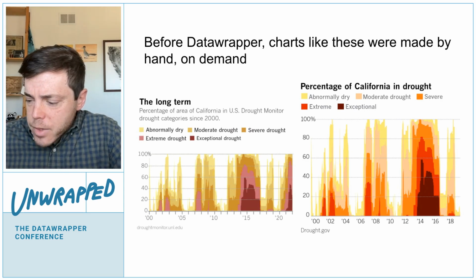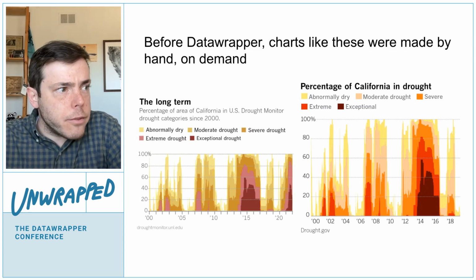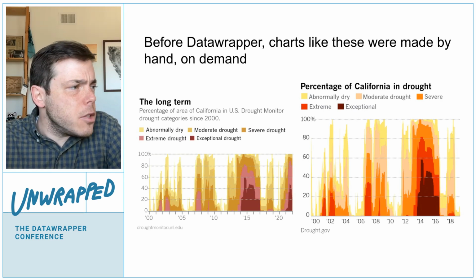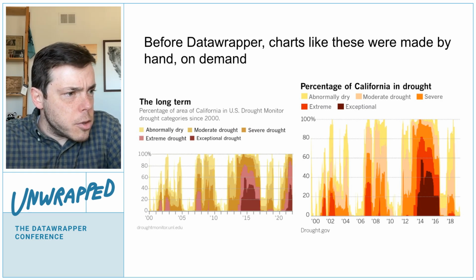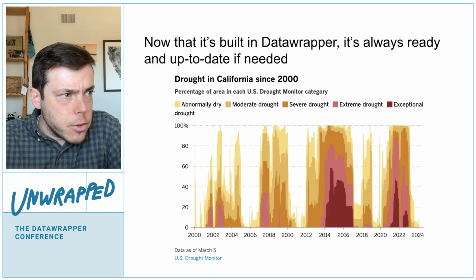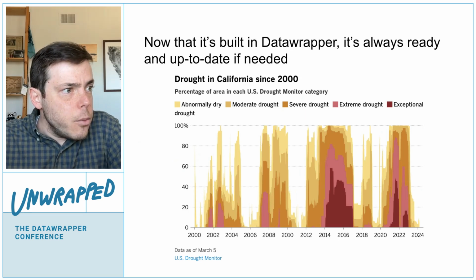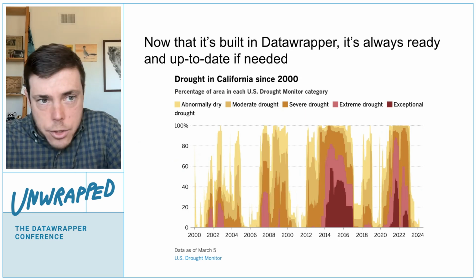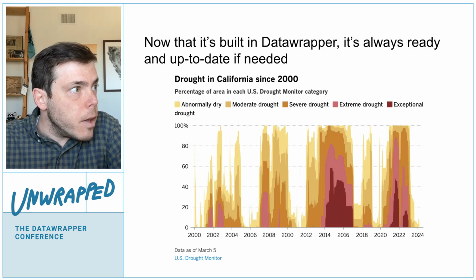And every time we needed to do this chart, someone would have to do it by hand. And I think these were made actually before we, as the LA Times, used Datawrapper. But now this is our new version, built in Datawrapper. It's always ready to go. Whenever we write a story about drought, we can just add this chart in, and boom, we have that extra value on our story.